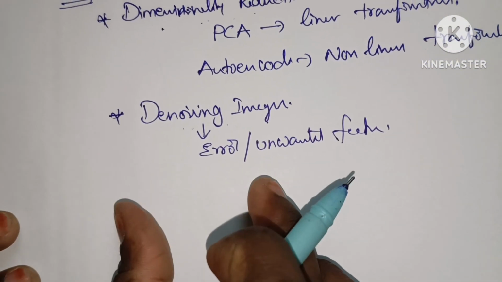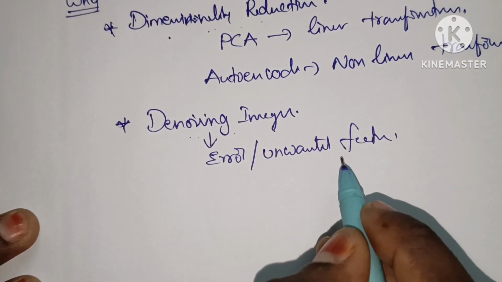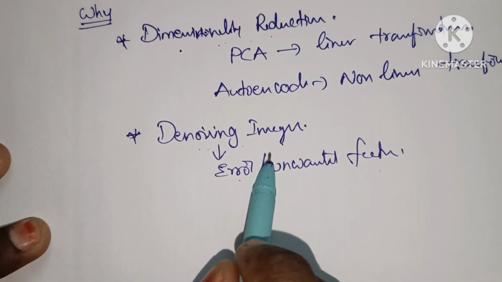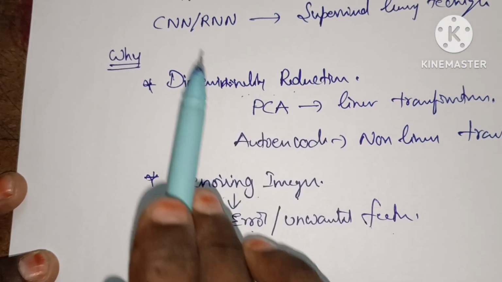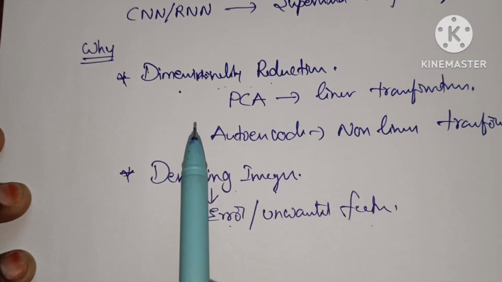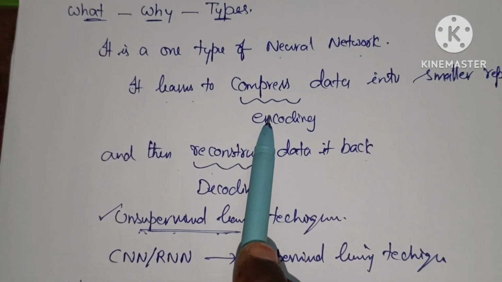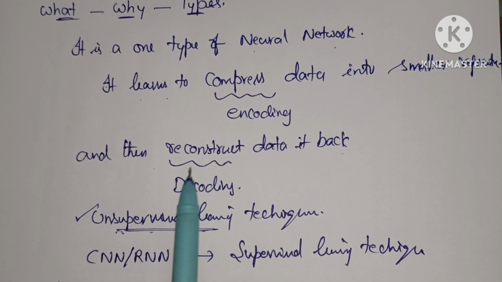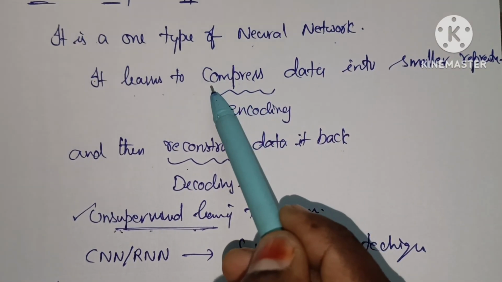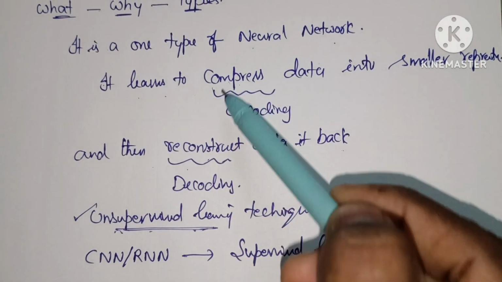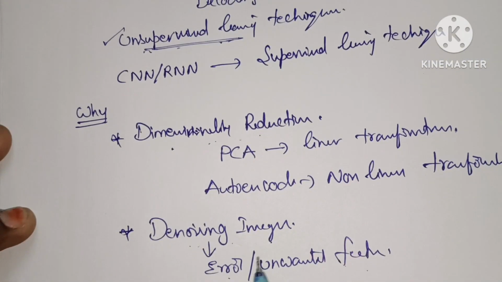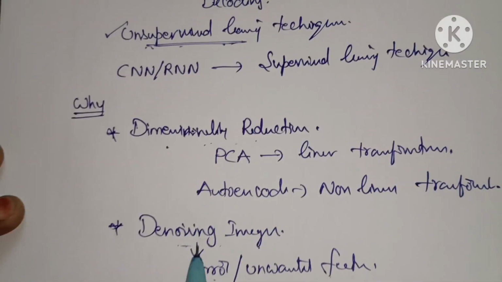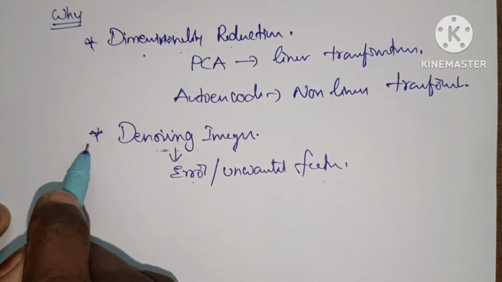For example, you are taking some image to process, but that image has some error or unwanted features. How can you remove it? At that time, we use autoencoders. What happens in an autoencoder? First it compresses the data, goes to a smaller representation, then reconstructs it again. That means before compressing and after reconstructing, if both images are the same, then we have automatically removed the noise. If not the same, that image contains noise. Is it clear? So this is one purpose.